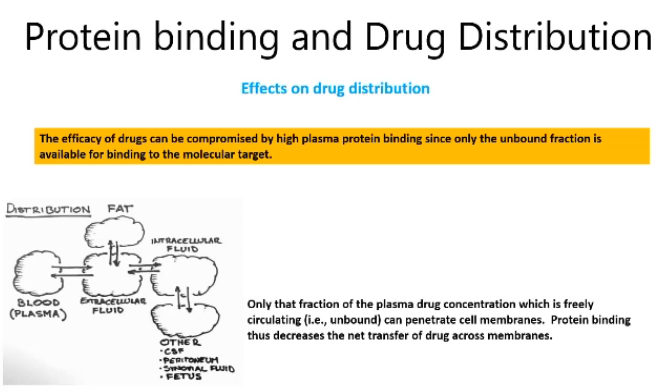Only the fraction of the plasma drug concentration that is freely circulating, that is unbound from the protein, can penetrate cell membranes. So protein binding decreases the net transfer of drug across membranes. High protein binding will mean that you are going to have less drug interacting with the receptor sites.